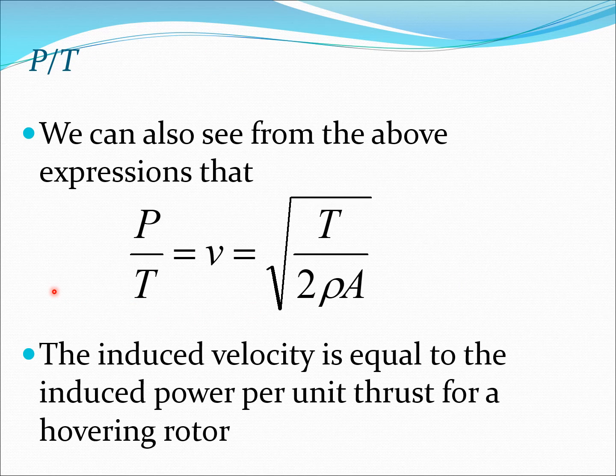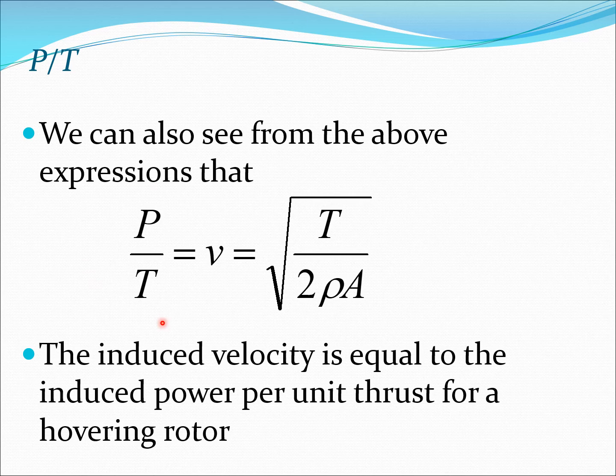Now there are some more expressions which will help us understand the physics of the rotor. We can see that P by T equals V, and this is root T by 2 rho A. So the induced velocity is equal to the induced power per unit thrust for this rotor.